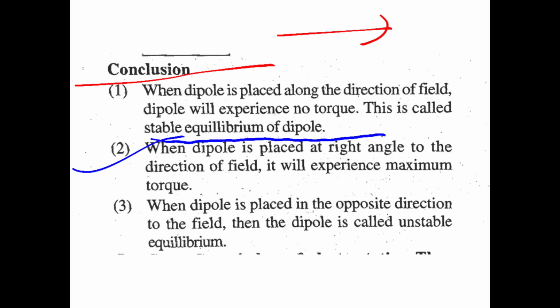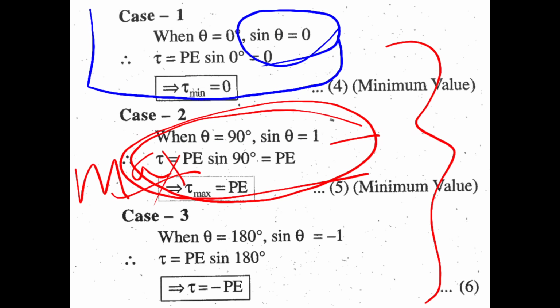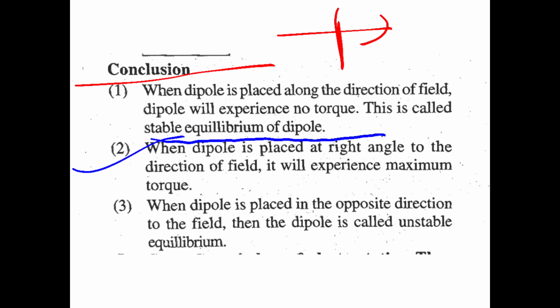Now the second point. When the dipole is placed at right angle to the direction of electric field, it will experience maximum torque. The torque becomes maximum when theta is equal to 90 degrees.